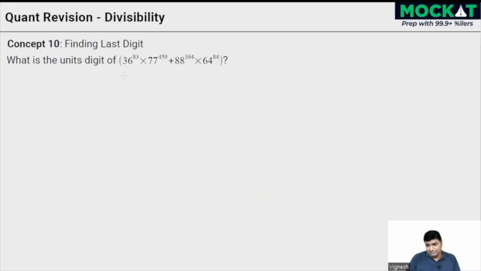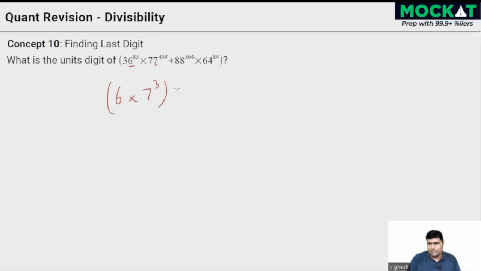36 power 83. Cyclicity for 6 is 1, so 6 itself. 7 power 10, the cyclicity of 7 is going to be 4. So 7 to the power of 459 by 4. 459 by 4 gives us 3.